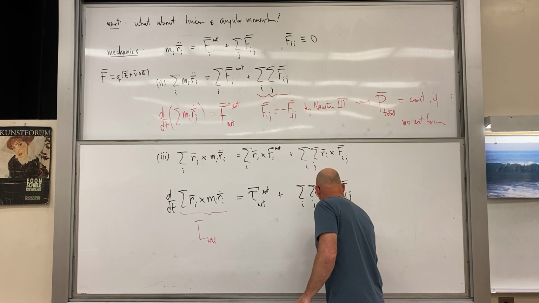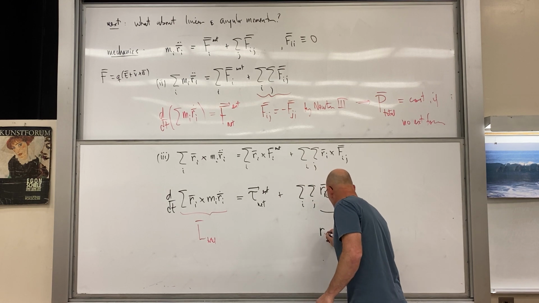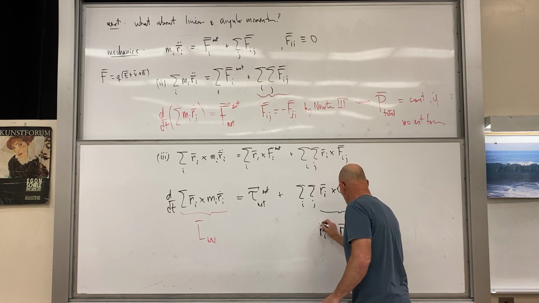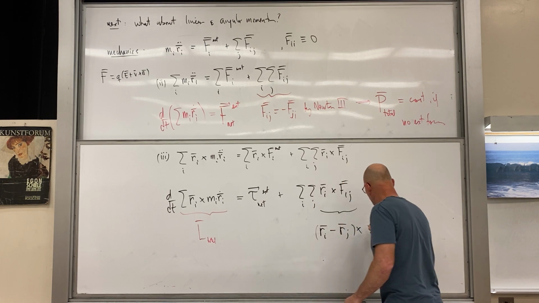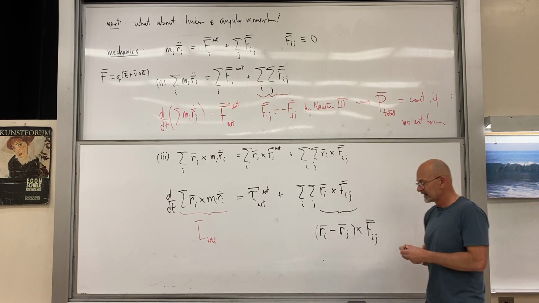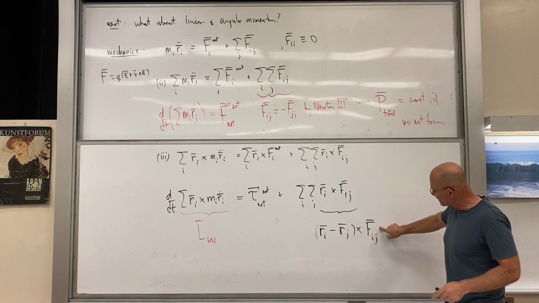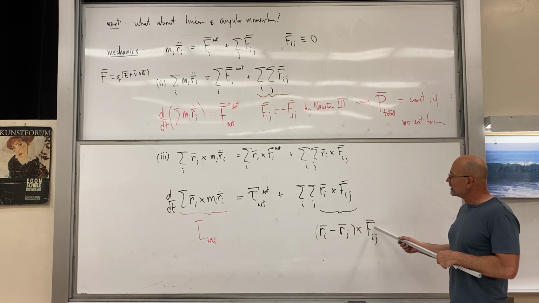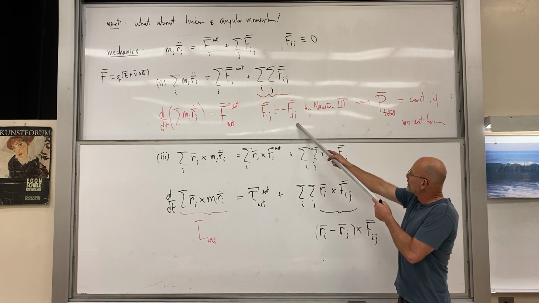Our pairs go this way: r sub i minus r sub j cross F_ij. Because when you switch the indices here, you're switching the index on one of these. So here you need the equal and opposite we had up here.